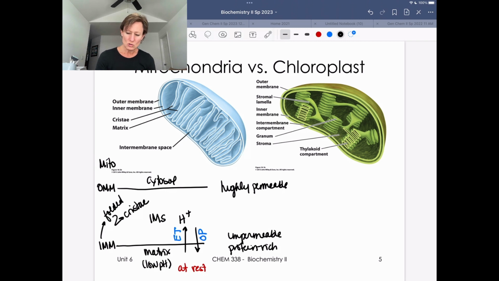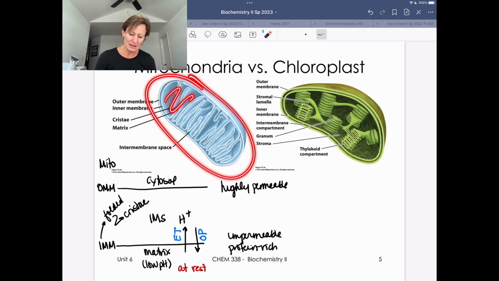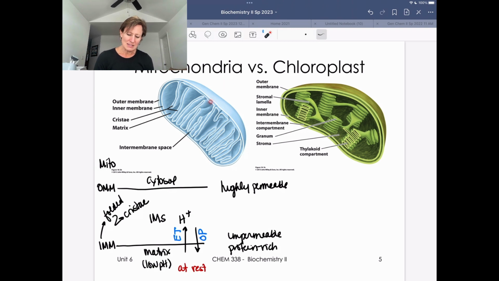So that's again what we have with mitochondria. We've got our outer membrane, our highly invaginated inner membrane. We've got our cytosol out here. These two membranes separate and create the inner membrane space. And then all the way on the inside, we're going to have the matrix.